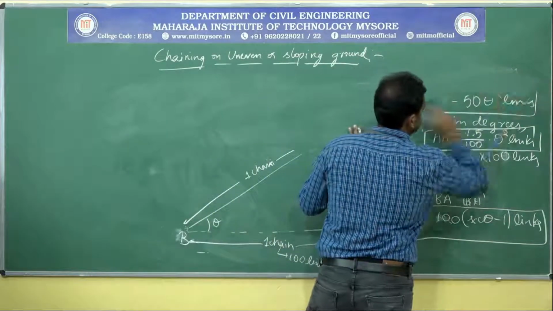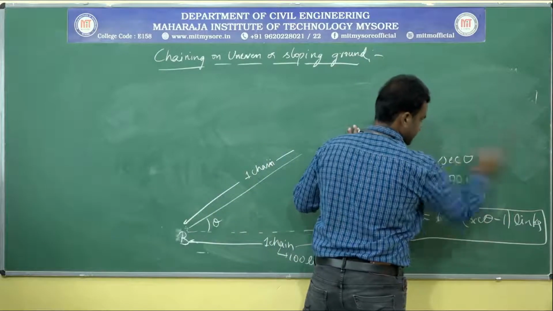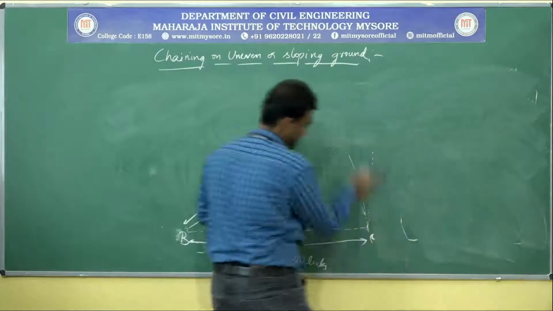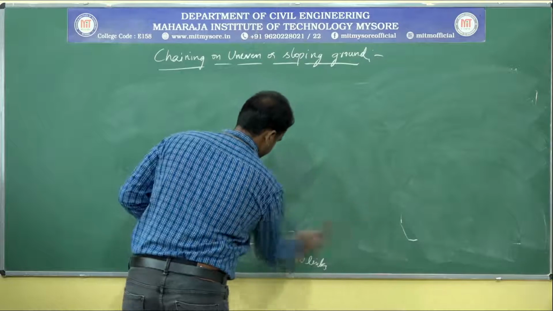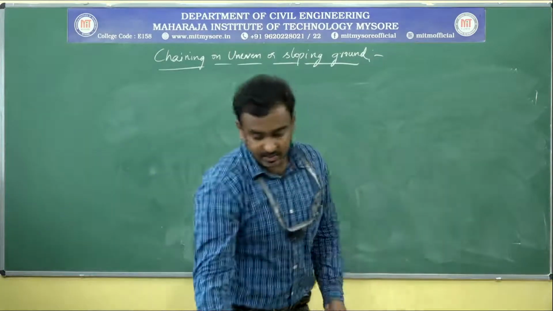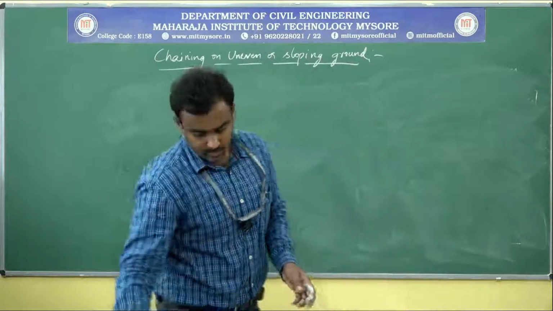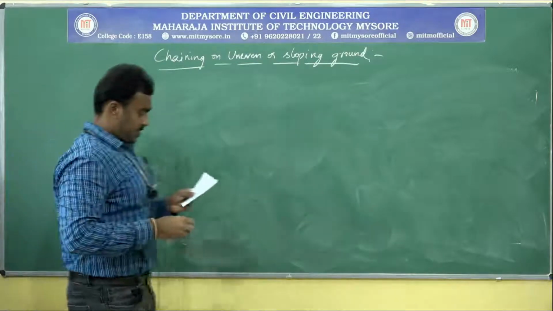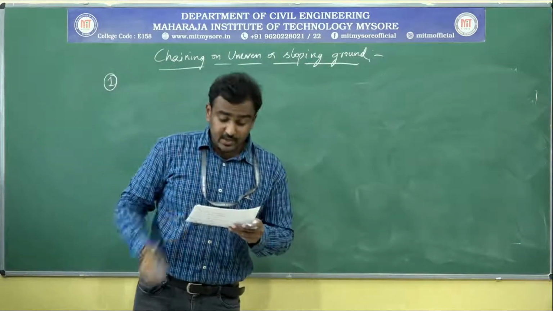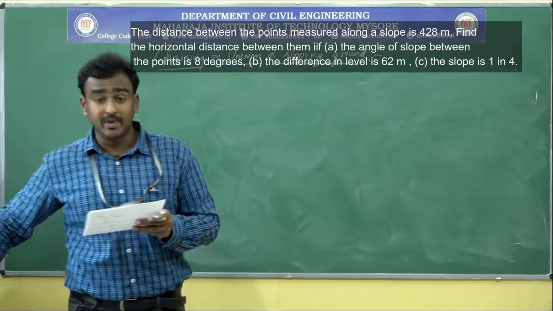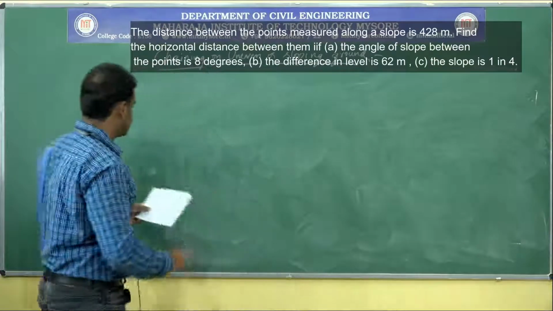Hypotenuse allowance is a very important concept. Let me consider the first problem. Let me read it out. The distance between the points measured along a slope is 428 meters.